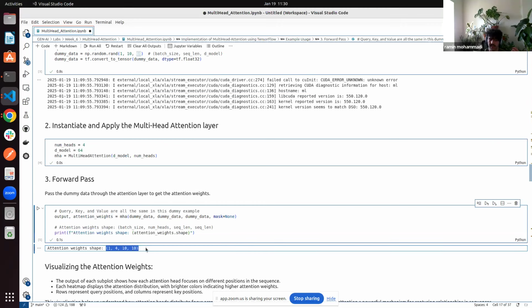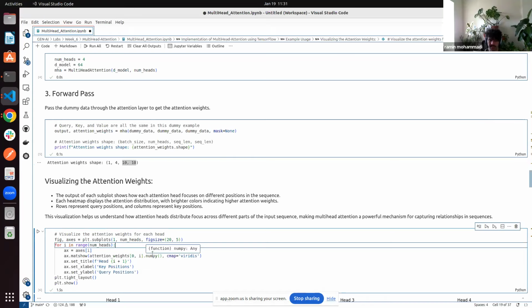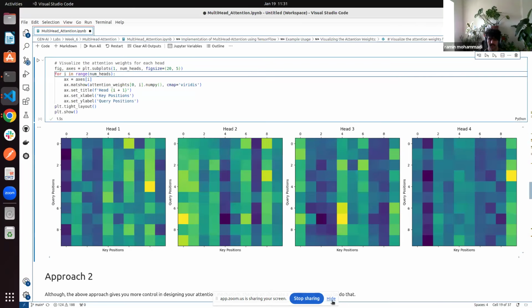The attention weights look like this: 1 stands for 1 batch, 4 stands for the 4 heads, and each head has attention weights of 10 by 10 as a matrix. We want to visualize those attention weights, and this is what we get.